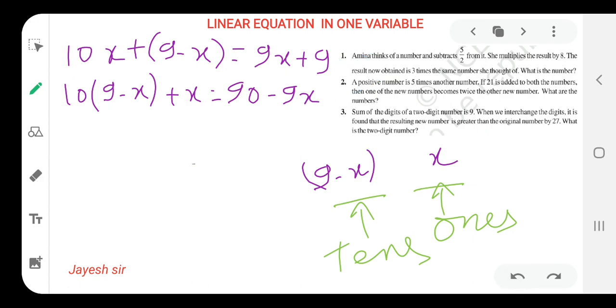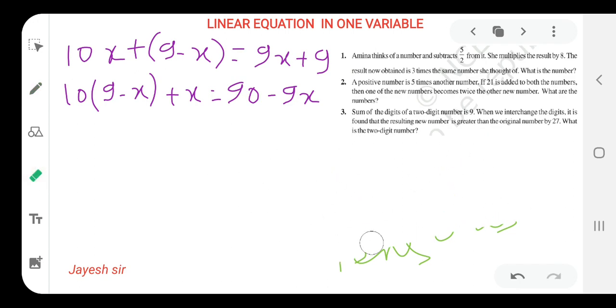It is found that the resulting new number is 27 greater than the original number. That means 90 minus 9x is 27 greater. So let's erase this, as it is of no use now, since we already understood the concept. The new number is 27 greater than. So let's write the new number over here.